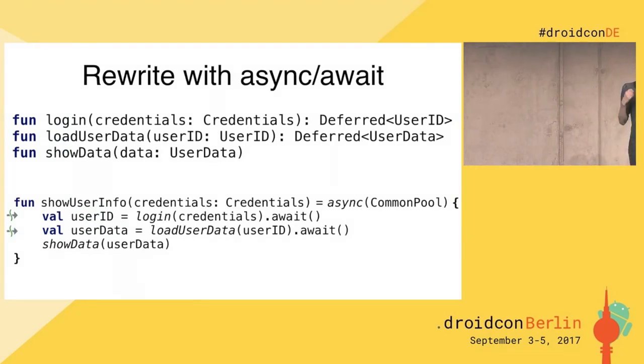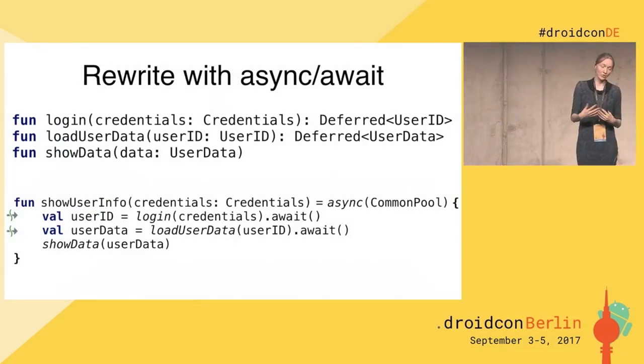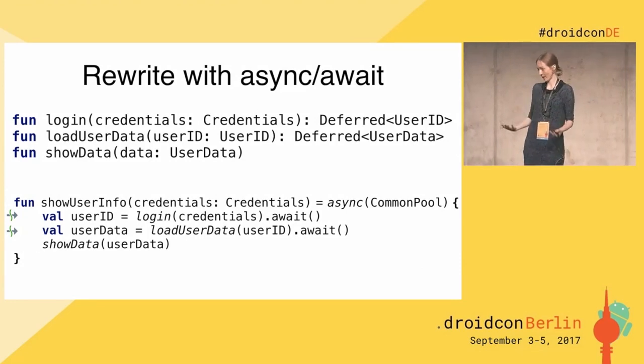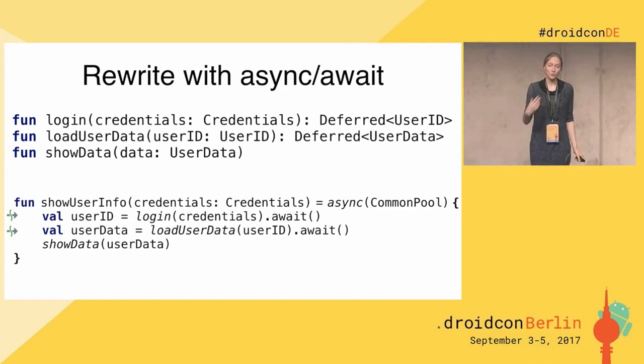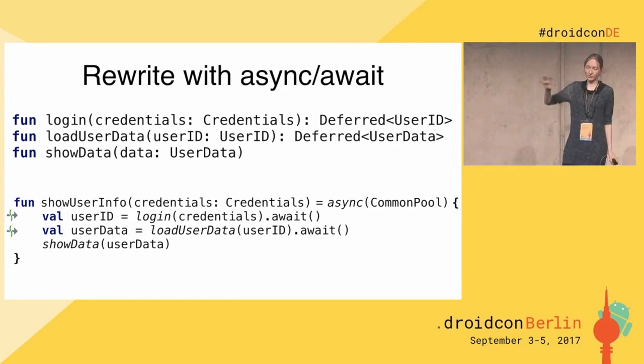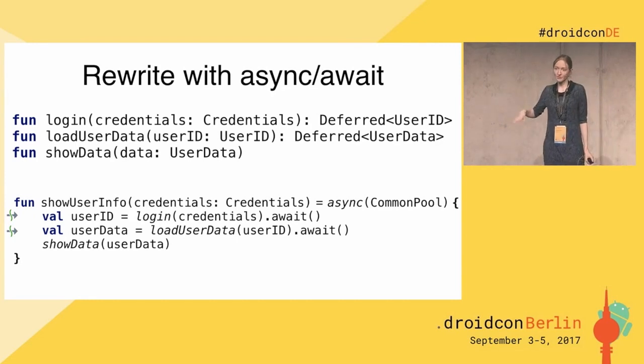The first way is to rewrite this code. So yes, now we want it better. We want to avoid this blocking. And the first approach is to rewrite this code with async and await. To do this, instead of returning user ID and user data from your functions, you refactor them and make them return a special deferred type.